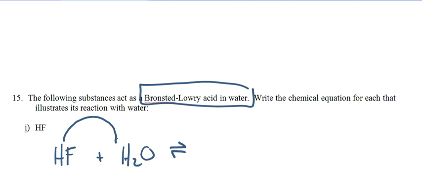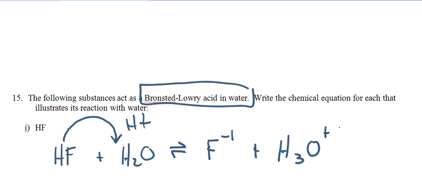This is my acid, so it's going to donate my hydrogen. So I'll have one less hydrogen. Now, since we have given away a +1 charge, my fluorine ion has a -1 charge. The water accepted that hydrogen, put it up front, so H3O with a +1. No charge plus no charge equals 0. -1 plus 1 equals 0.